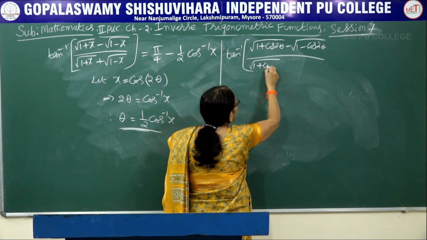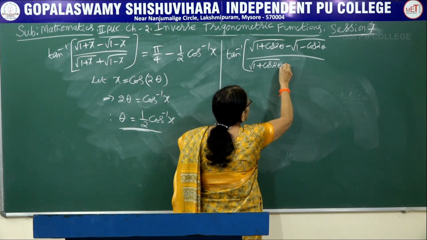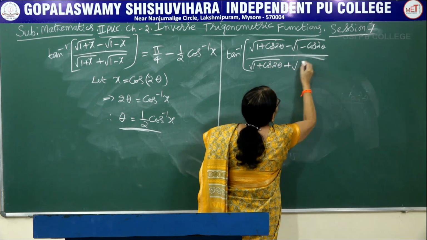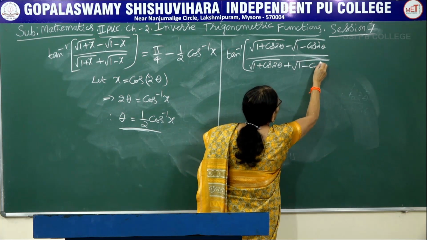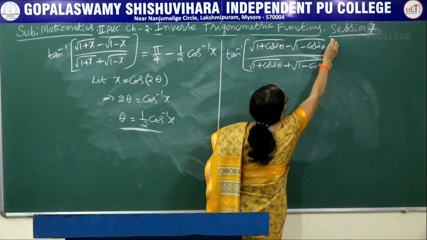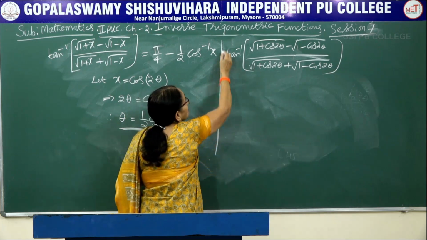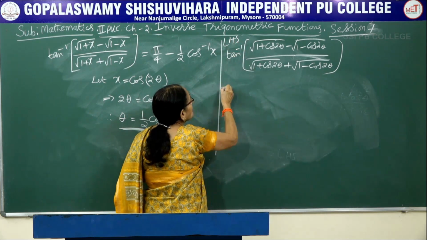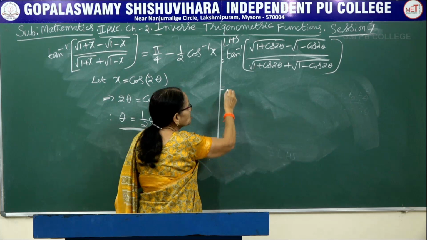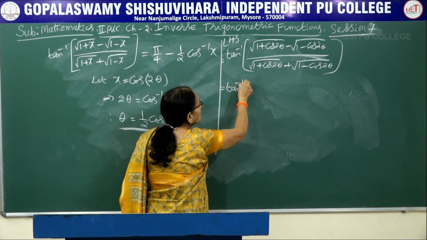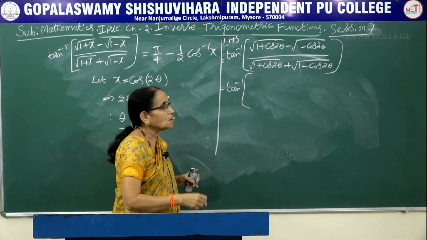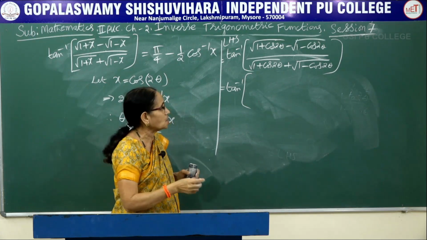The denominator is root of 1 plus cos 2 theta plus root of 1 minus cos 2 theta. Only signs are different, that's all. Now again we are using the multiple angle formula, that is sin 2 theta, cos 2 theta, etc.